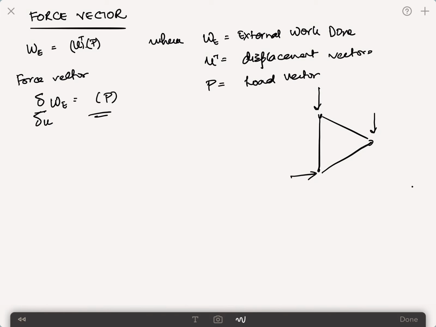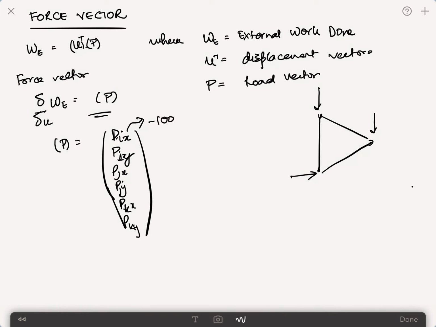So if I have a force vector P, written as PIX, PIY, PJX, PJY, and so on, PKX and PKY, I have 6 different loads, and whichever ones are acting, I substitute the value, say -100, and the other ones remain 0 as an example. So these are just concentrated loads. There's nothing fancy about it.